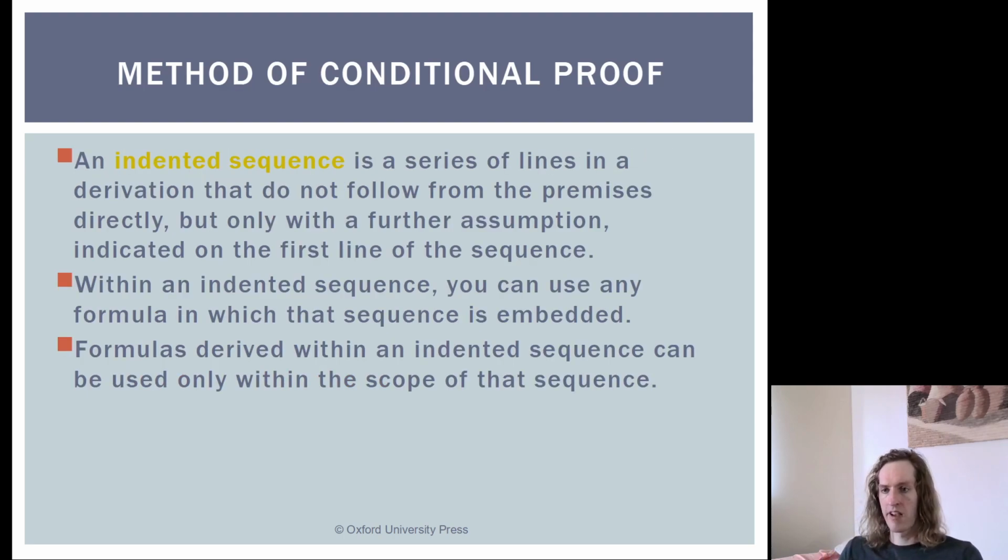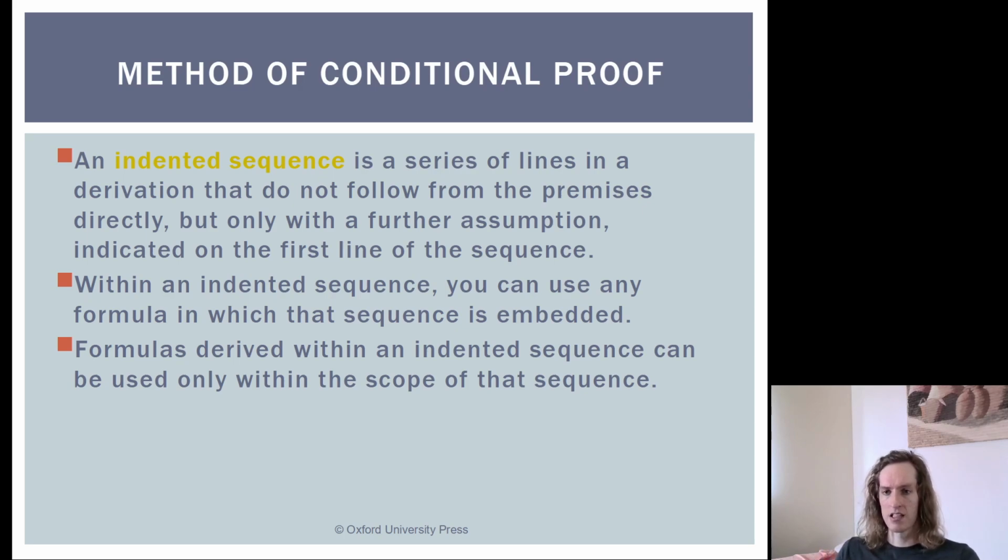So an indented sequence in our proof system is a series of lines in a derivation that do not follow from the premises directly, but only with some assumption indicated on the first line of the sequence. That's why it's important that when we start a conditional proof, we indent it to be very clear that this is not part of the normal proof. This is just something that we're assuming, and we're going to see if a certain relation holds or doesn't hold from that assumption.